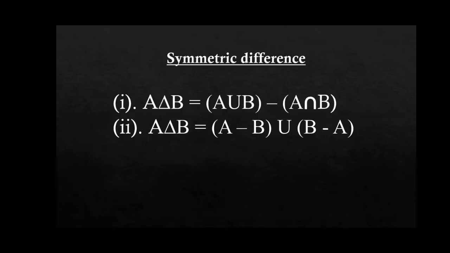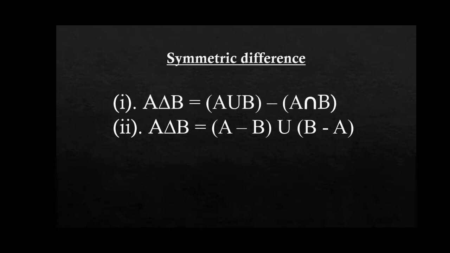Okay, now moving forward to the symmetric difference. In symmetric difference, we talk about A delta B. A delta B means uncommon elements of A and B. Here are two formulae written on your screen through which we can find the symmetric difference of two sets.